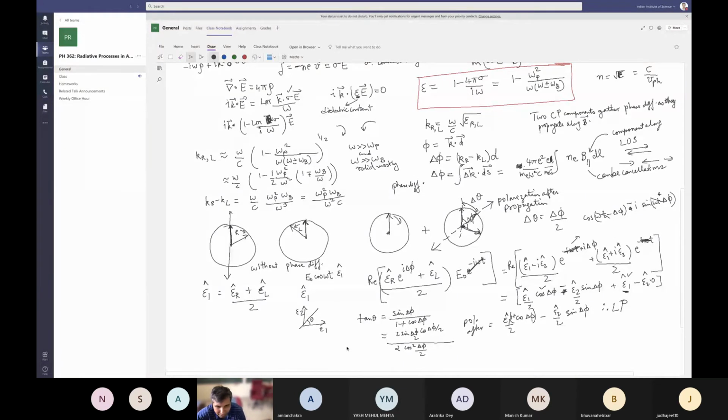So basically this is equal to tan delta phi by 2. So what it means is that theta equals delta phi by 2. Okay, the same thing that I was trying to show here graphically, that the change in angle of polarization is half the change in the phase angle is seen here.